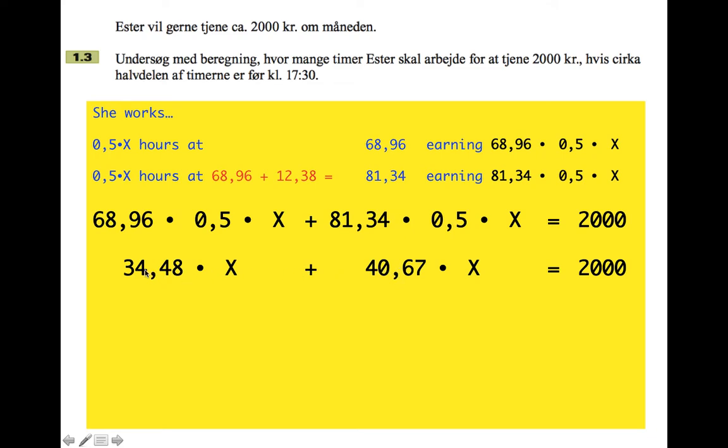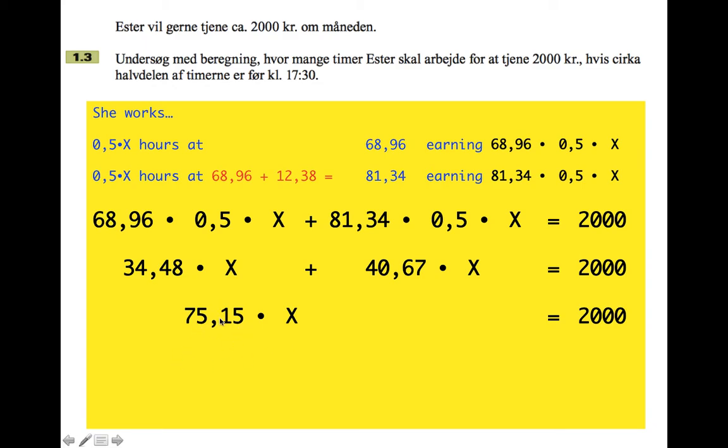So you get 34.48x plus 40.67x added up make 2,000. And those two x terms you can put together, 34.48 plus 40.67 x's make 75.15x. So 75.15 times x equals 2,000.